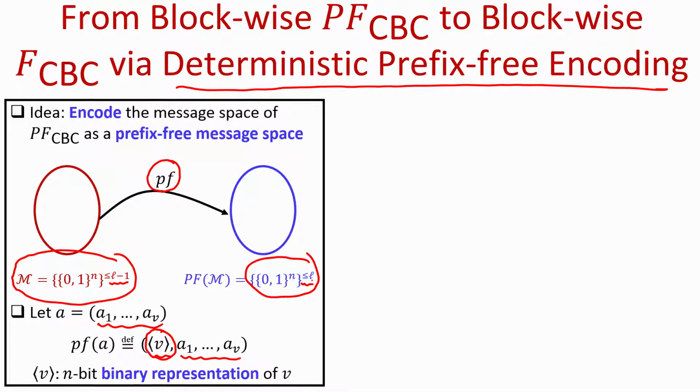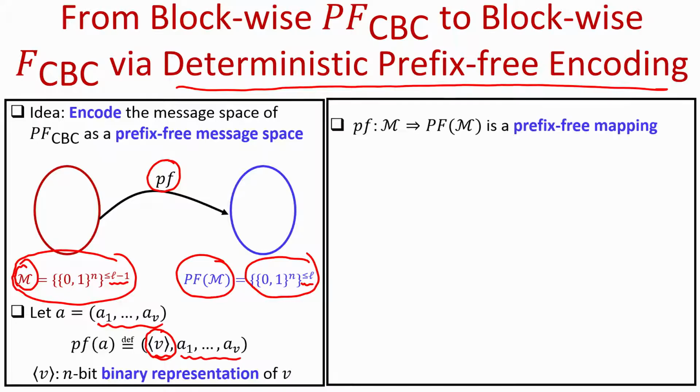The idea is that using this deterministic encoding, instead of operating the prefix free CBC PRF over the message space, we operate it over the encoded message space. Since the encoded message space constitutes a prefix free set, our distinguisher cannot issue queries which violate prefix freeness, and hence the overall construction will be a fully secure PRF.